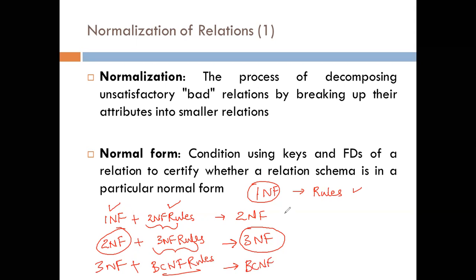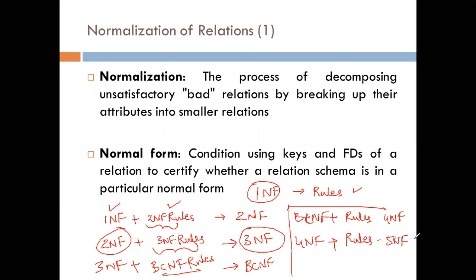Then on top of this, we have two more levels. That is BCNF plus some additional rules that will lead to fourth normal form. Then if our relation satisfies fourth normal form plus some additional rules, we will say it is in fifth normal form.